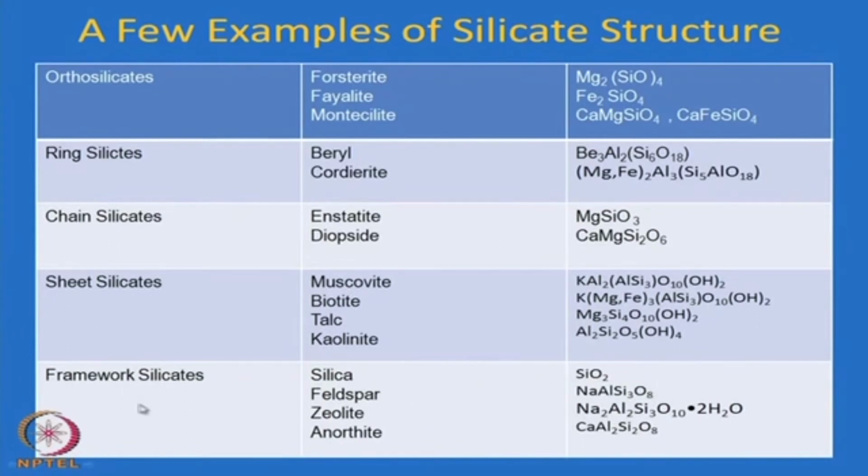It is basically what we call a framework silicate. And as you mentioned earlier, feldspar is one of the basic ingredients of the whiteware family of ceramics, or porcelain family of ceramics.